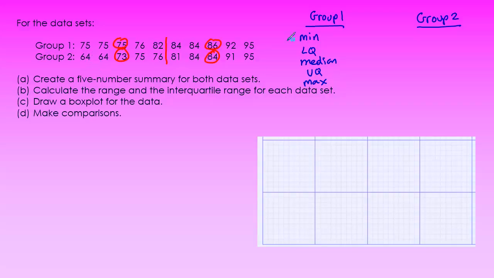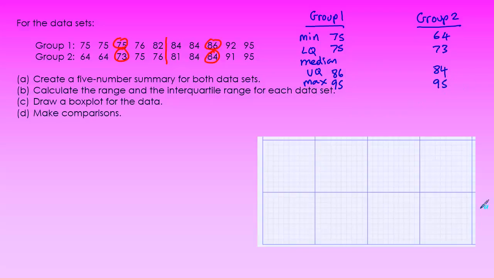So here we can see for group 1 it's 75, for group 2 that's 64. The lower quartile is 75 here, and 73 over here. The upper quartile 86 and 84, and the maximum is 95 for both sets.